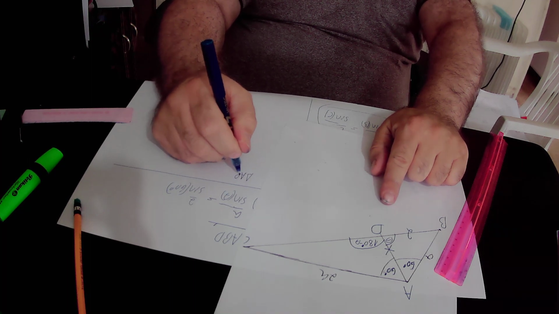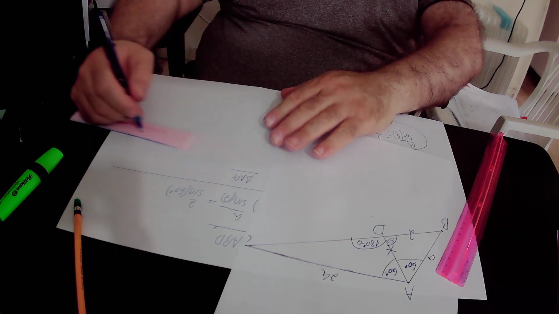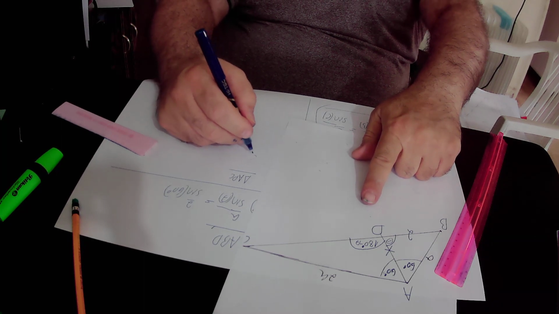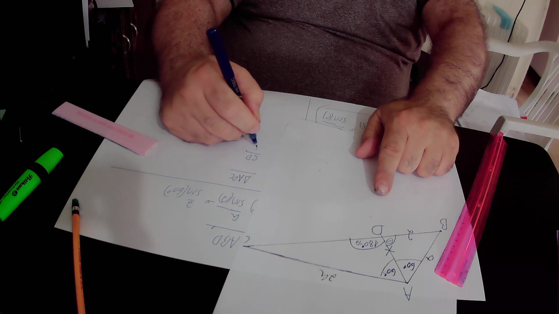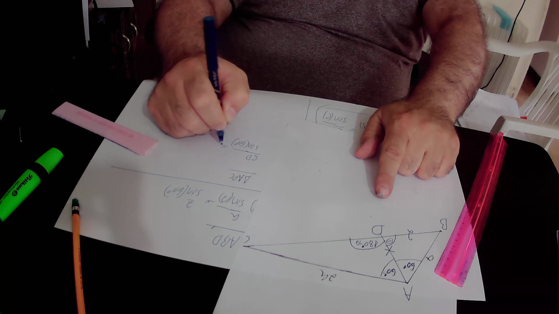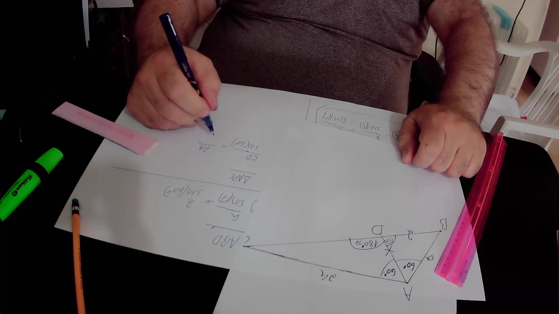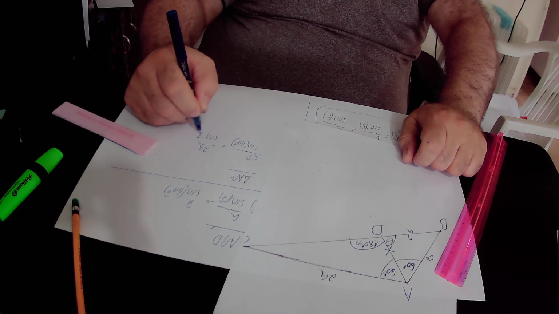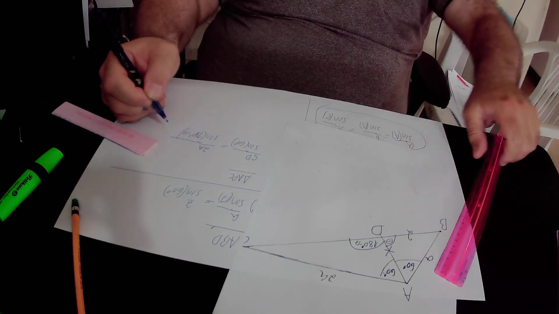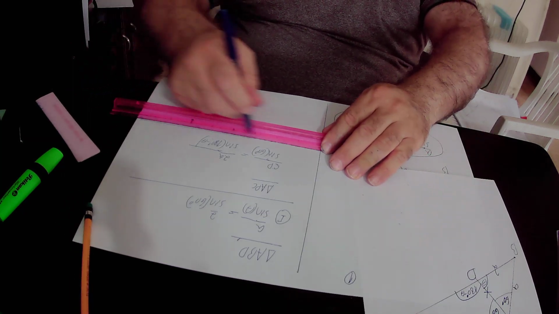In triangle ADC, according to the law of sines, we'll get that CD over sine 60 degrees equals 2A over sine of 180 degrees minus theta. Okay, this is equation number 2.